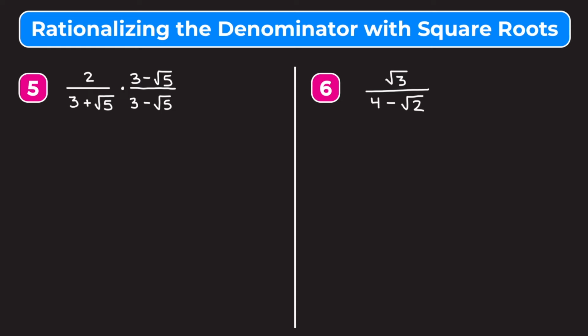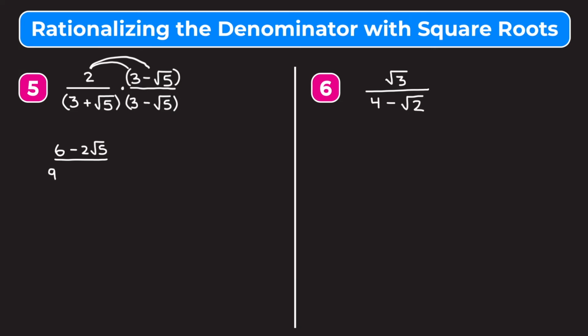So on the top, the 2 has to distribute to the 3 and the minus root 5. So 2 times 3 is 6, and 2 times minus root 5 is minus 2 root 5. On the bottom, we're going to have to FOIL out these two binomials. When we FOIL, we do first: we multiply 3 by 3, which is 9.